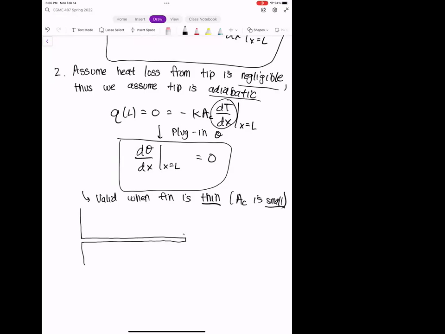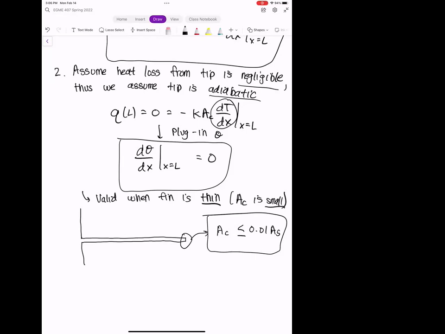So we can say that Ac here is less than or equal to 0.01 As. That's a number I made up on the fly, but it gives you an idea. Of course, the exact number will depend on the application.